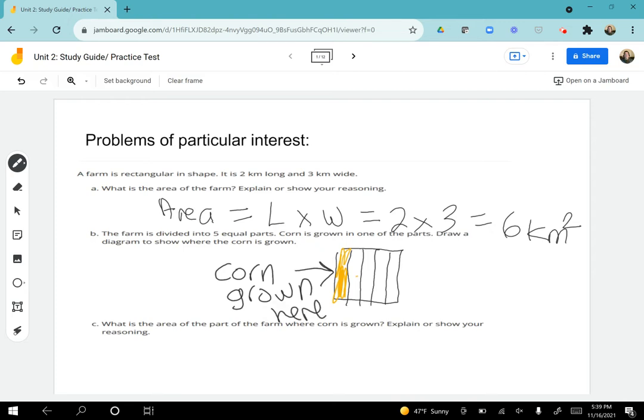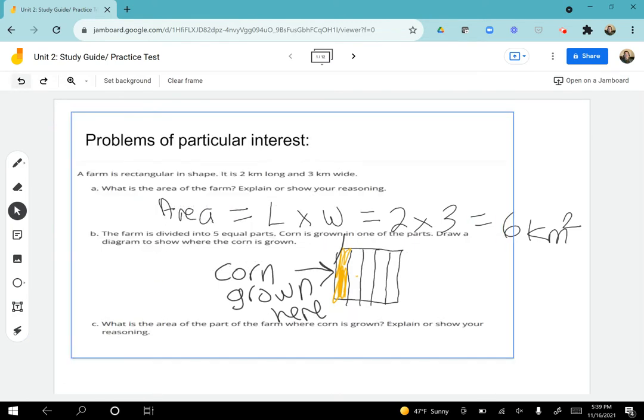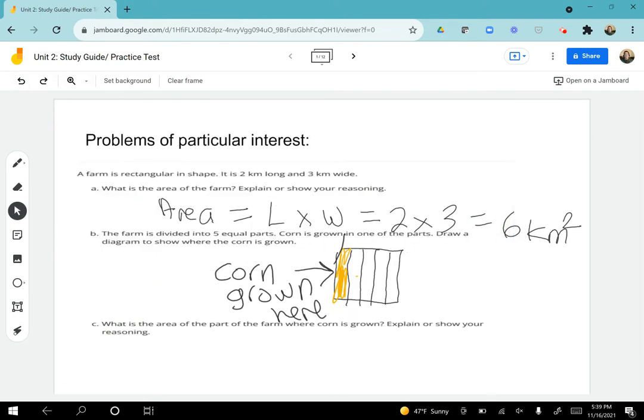Okay, the last part of this question asks us, what is the area of the part of the farm where corn is grown? Explain or show your reasoning. Well, sorry about that. So we need to understand that we started out with an area of 6 square kilometers, and then we divided that into 5 equal parts. So we can figure this out just by dividing 6 and 5.